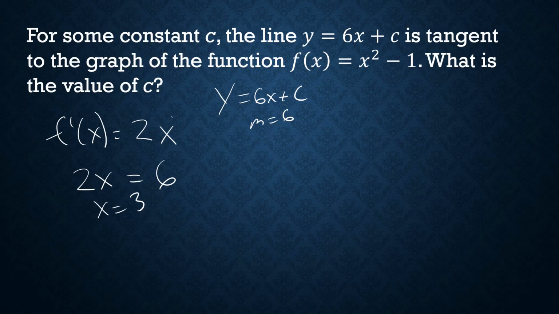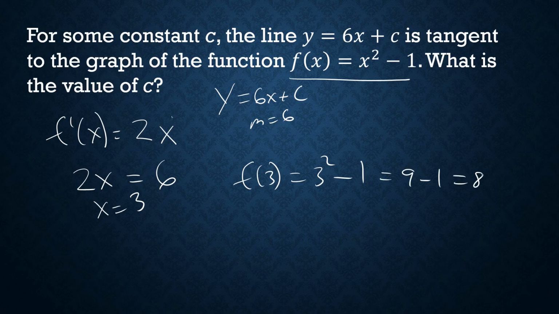Now if we find the point at x equals 3, it's going to be 3 squared minus 1. It's just using our function here. Or 9 minus 1, which equals 8. So we have 3, 8.